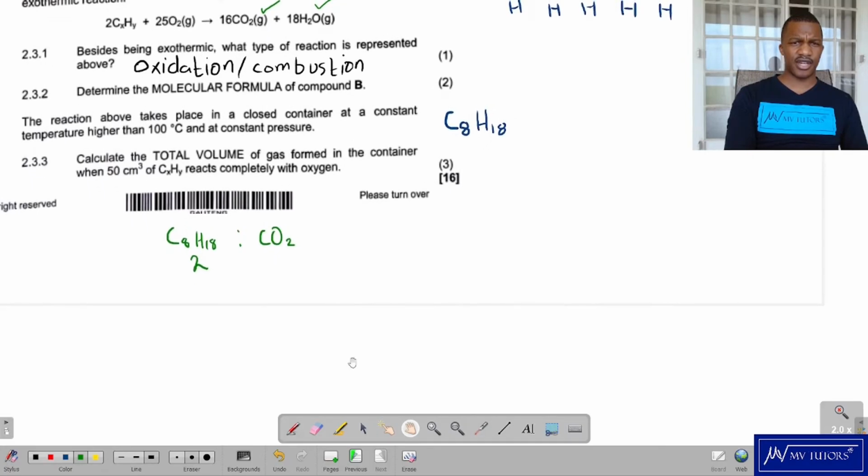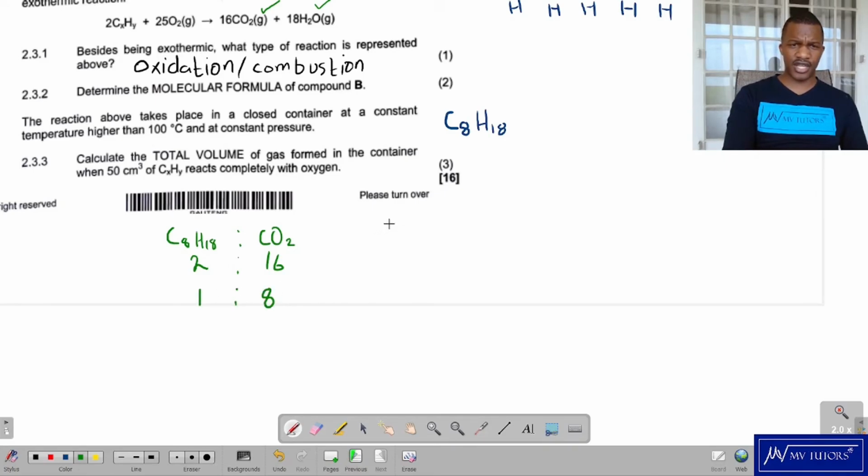I'll need that. So for every 2 moles of carbon dioxide, we have 16 moles. Let's divide both by 2, we'll have 1:8.